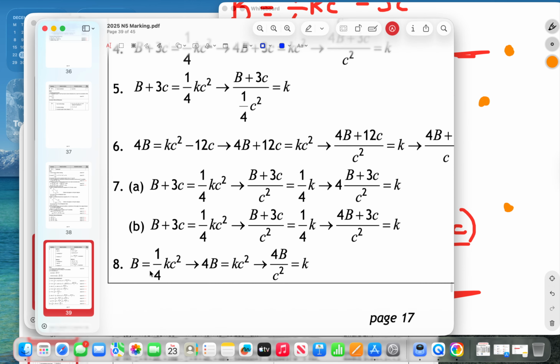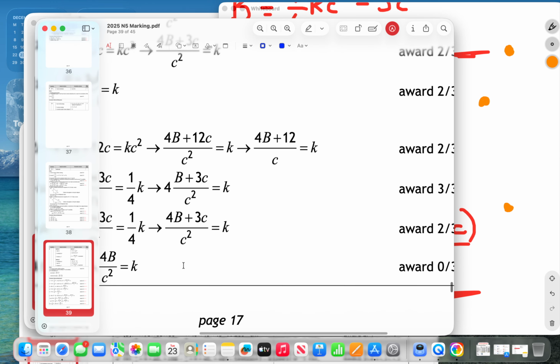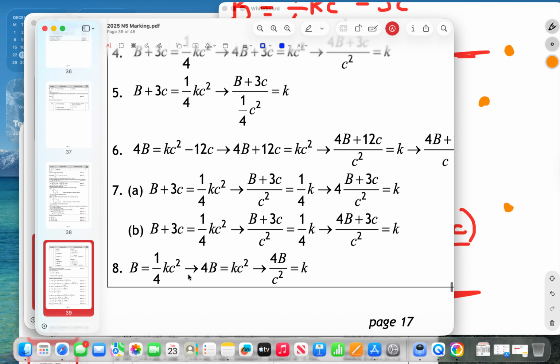And here, the last one is they forgot to put the minus 3c in this one, and you lose all of the marks. The reason is because if you take away the minus 3c bit and you're just left with this, you've made the question much easier than it should have been. So you can't get marks for follow through if you make the question easier.